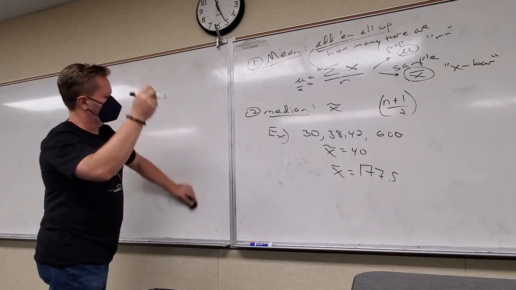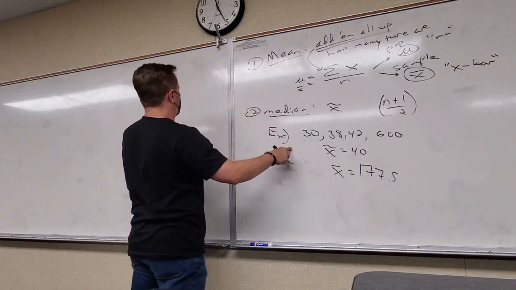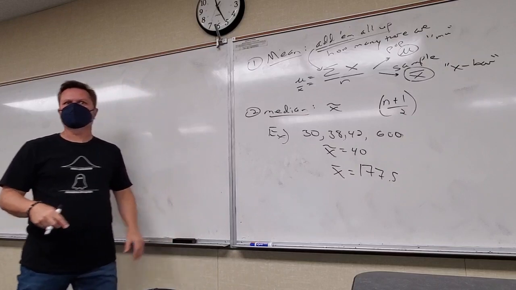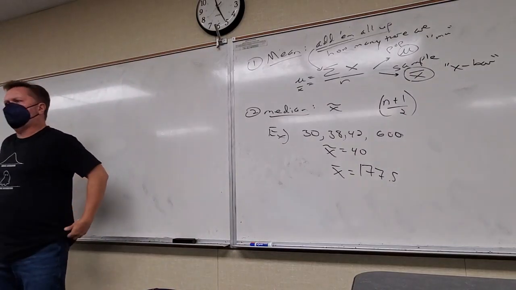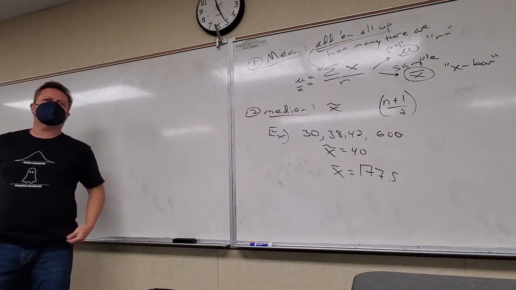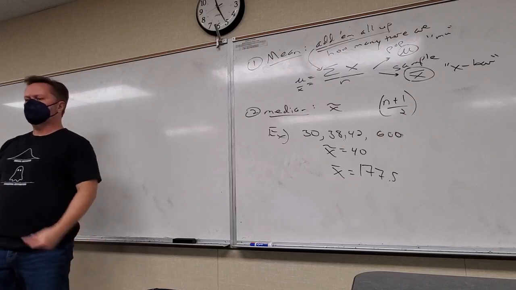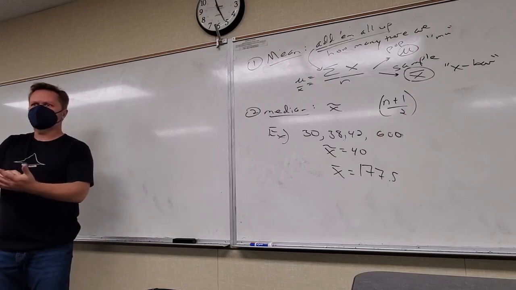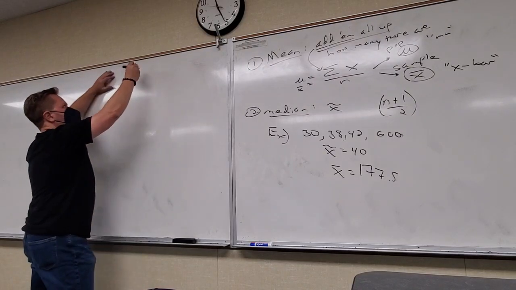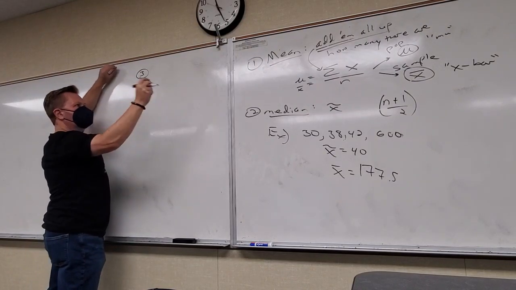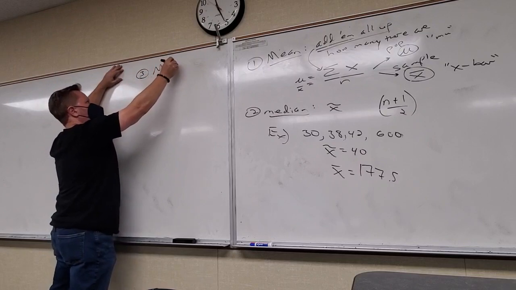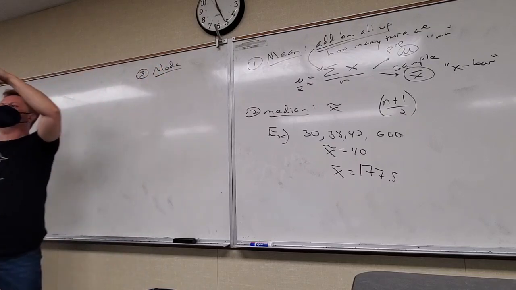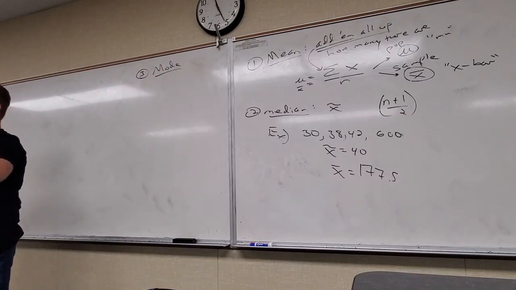Qualitative. Do either of these work with qualitative data? No. And again, that's when I asked you, can you average the type of car that I see in the parking lot? What's BMW plus Ford? I don't know. So another form of the measure of center is called the mode, and this is the only one that works with qualitative data.